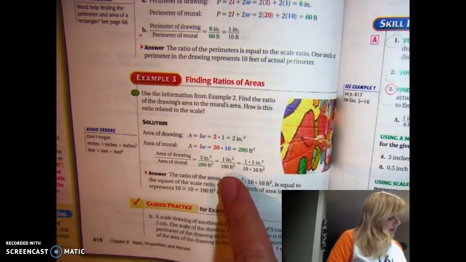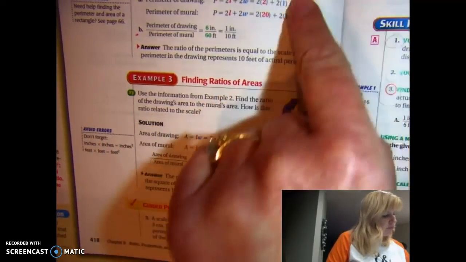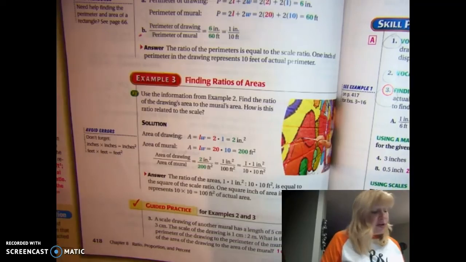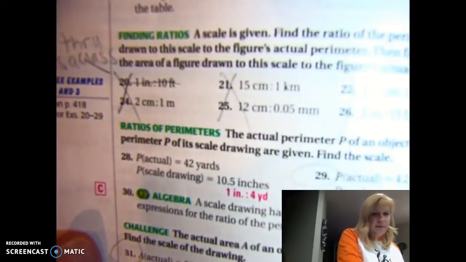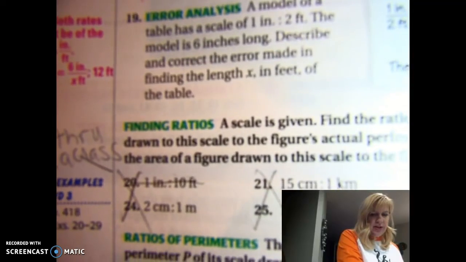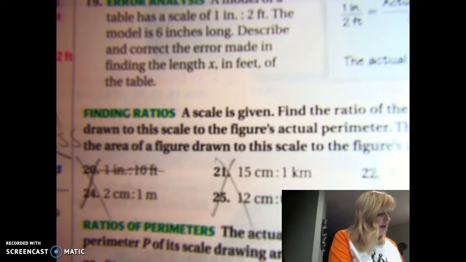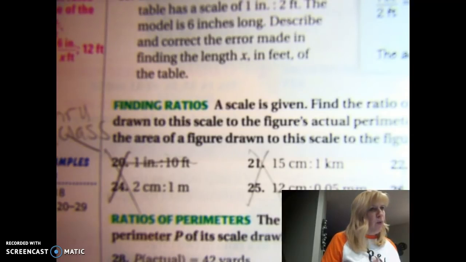So ultimately, this is what you want to get to, but they're showing you here that you just break it apart. You just multiply the 2 sides to get the square inches or square feet, whatever you're looking for. So I wanted to show you in the book a couple of questions, and this one is rather difficult in the sense that it's hard to figure out why it works this way, but it does.